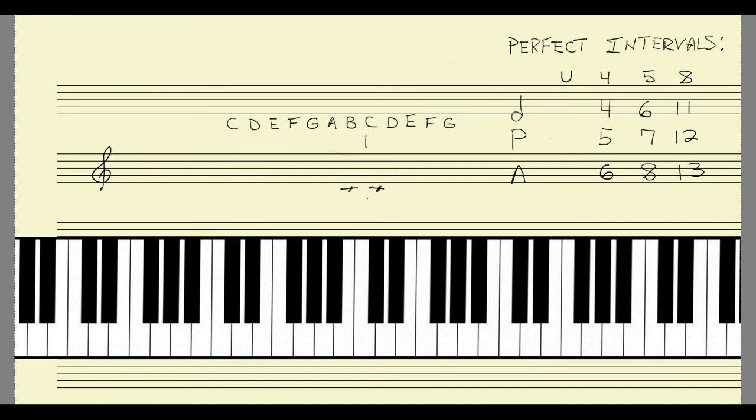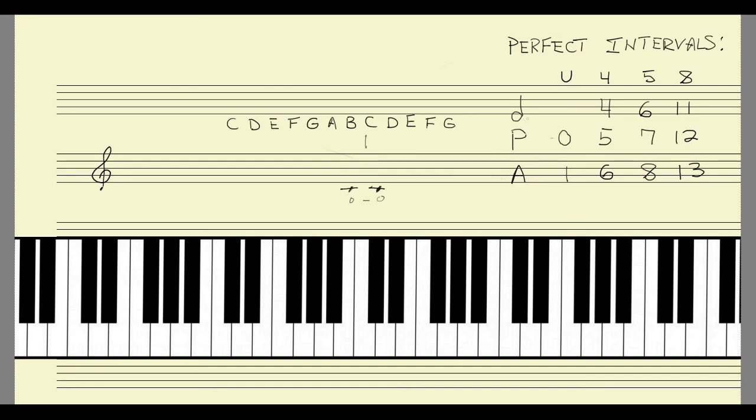But remember, when we're counting half steps, we start counting on 0. So we're traveling 0 half steps if we go from C to C. So a perfect unison is actually 0 half steps. An augmented unison is going to be 1 more than that, which is 1 half step.